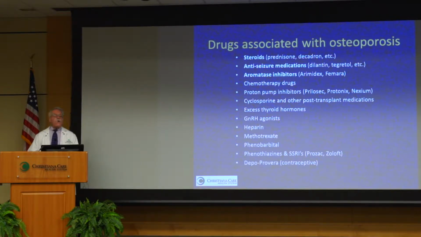Steroids or glucocorticoids like prednisone and so forth are very well recognized. Anti-seizure medications have been recognized for quite some time. Of great importance in the current day and age are aromatase inhibitors, which are very commonly used to treat breast cancer. And there are a number of others, proton pump inhibitors that many people are on. But these are all, at some level, maybe related to osteoporosis.